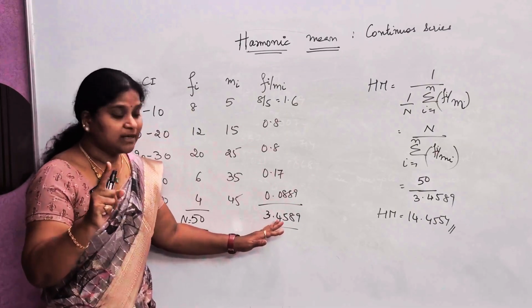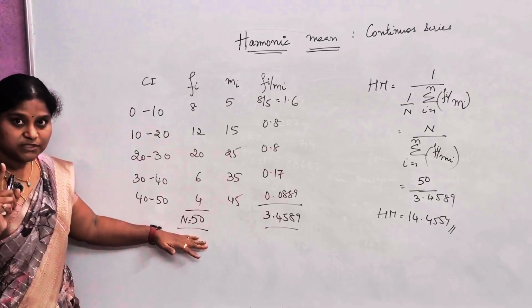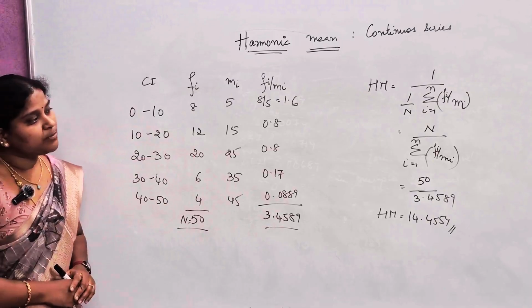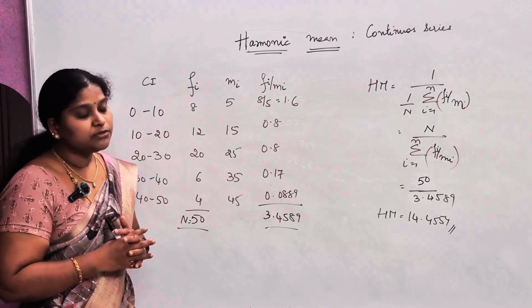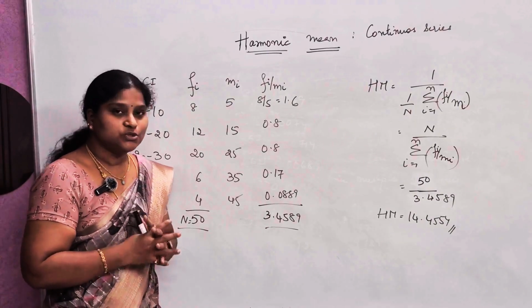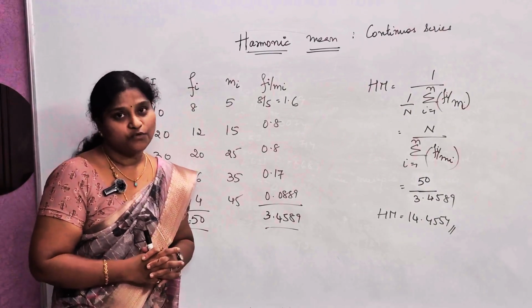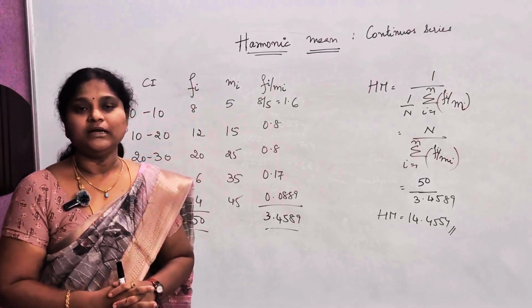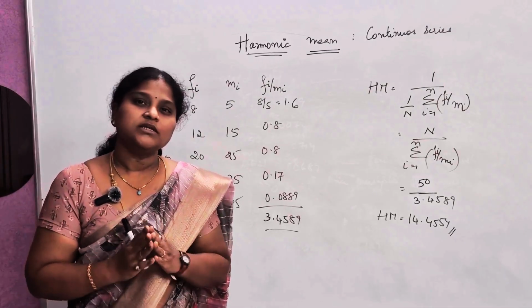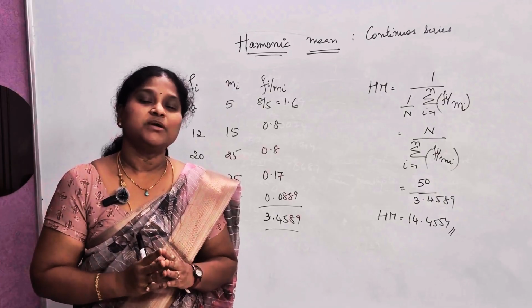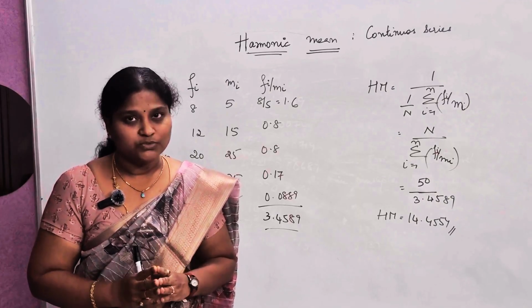Substituting the values where capital N, which is sigma fi, is 50, the harmonic mean is 50 by 3.4589 to give the value 14.4554.